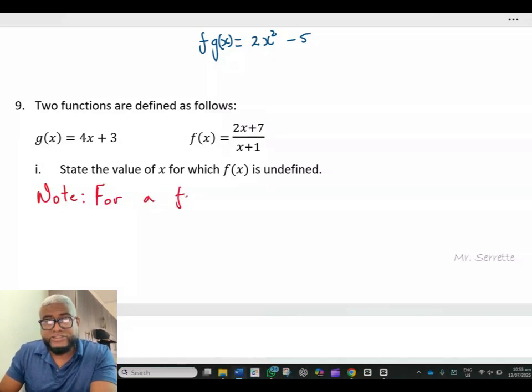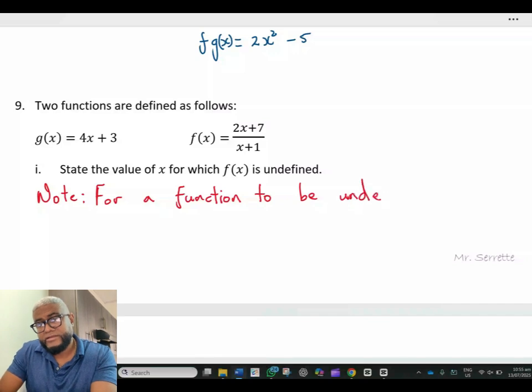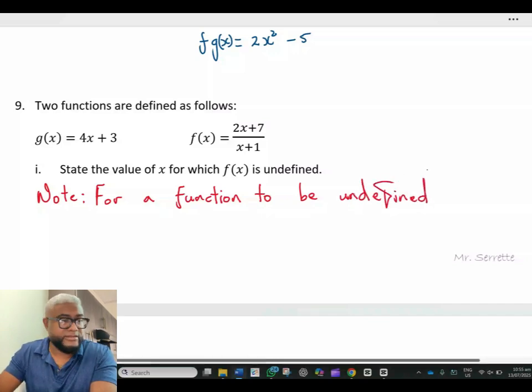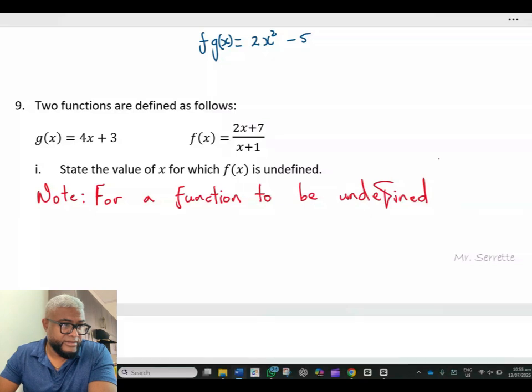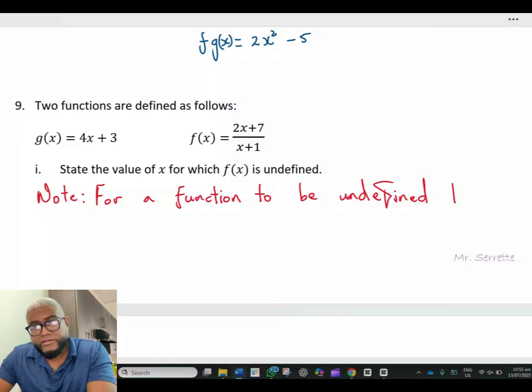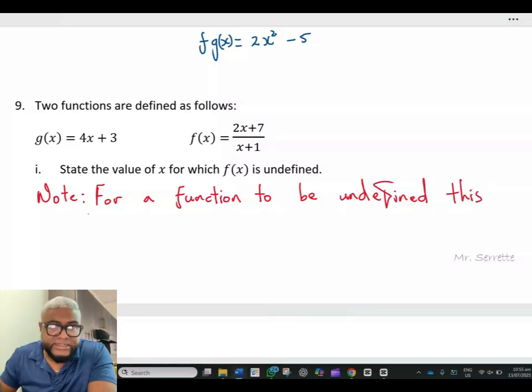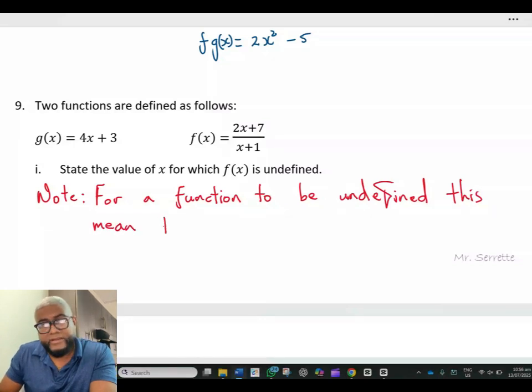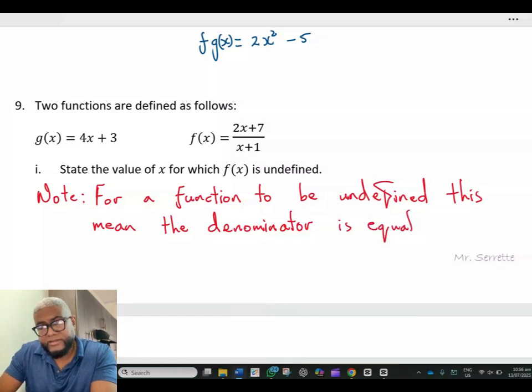For a function to be undefined, this means the denominator is equal to 0.